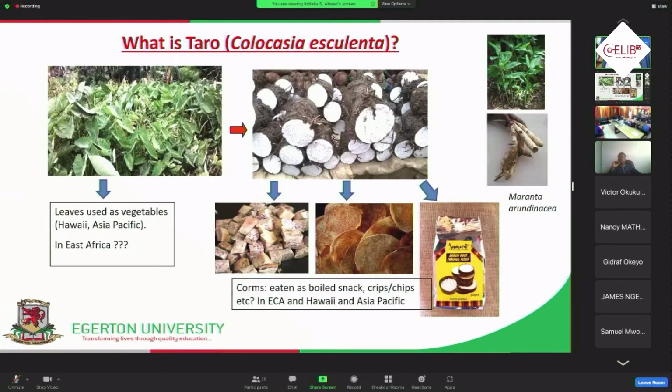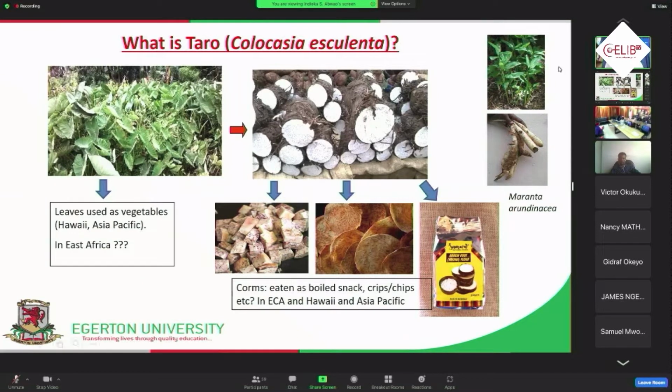Most of us are familiar with taro, and you may want to ask yourself if indeed you know taro. Especially here in Kenya, we call taro nduma, and sometimes we call it arrowroot, which is actually a misnomer.